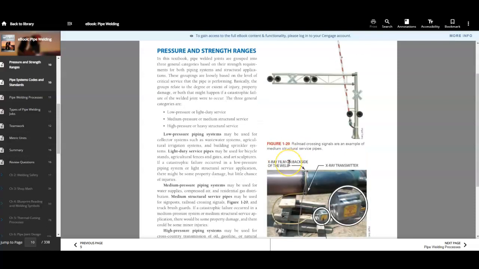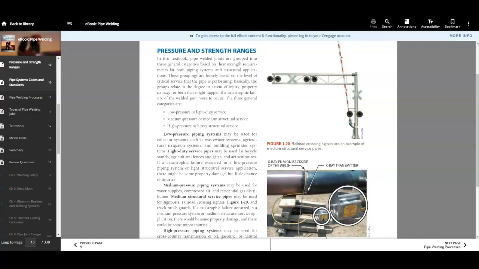Pressure and strength ranges. In the textbook, pipe welded joints are grouped into 3 general categories based on their strength requirements for both piping systems and structural applications. These groups are loosely based on the level of critical service that the pipe is performing.